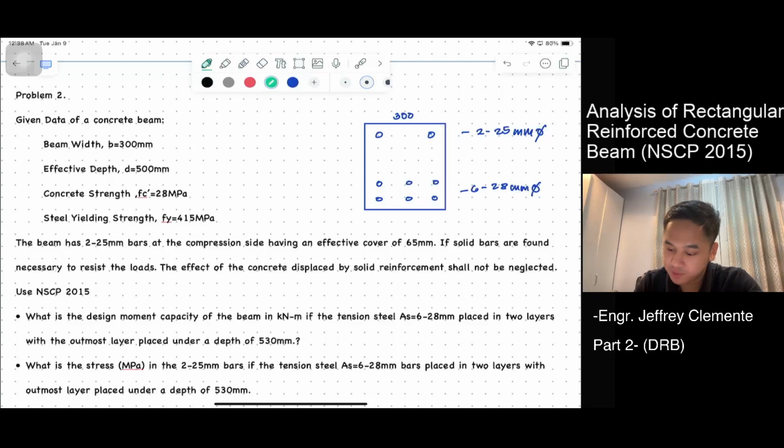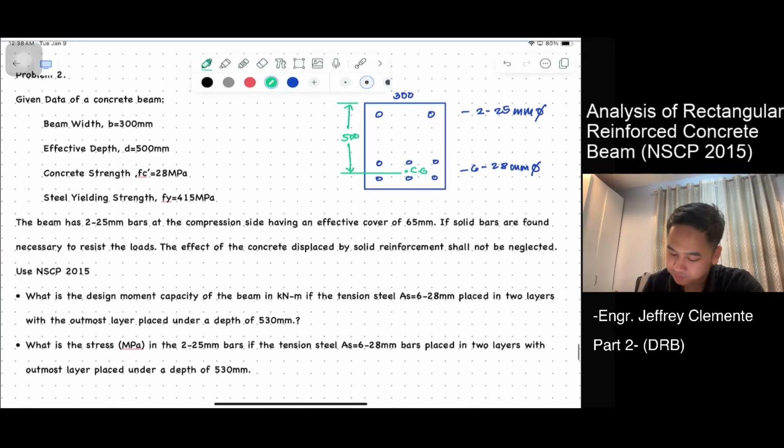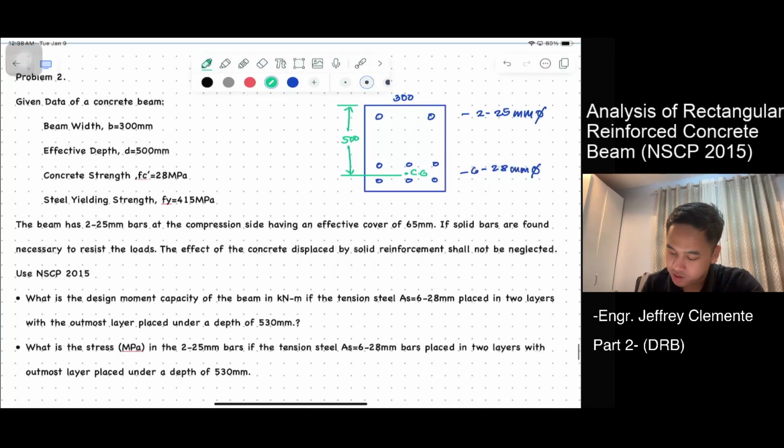So saan yung effective depth na yan? Sa gitna, sa centroid. Center of gravity. Yung gitna niyan, papunta rito, is 500. Okay? Sa situation natin, outmost layer daw is 530.